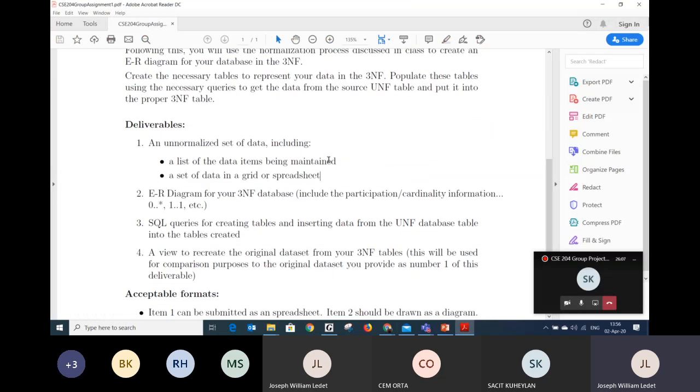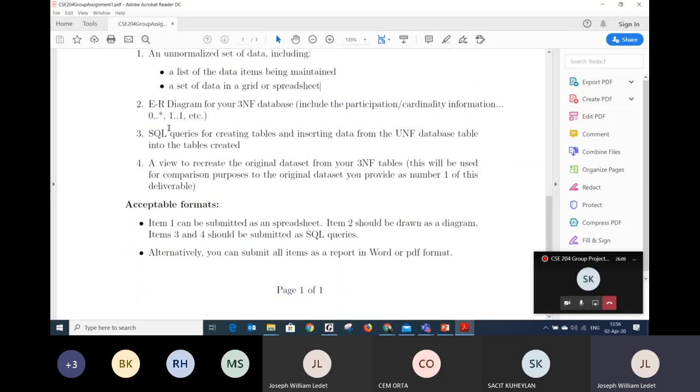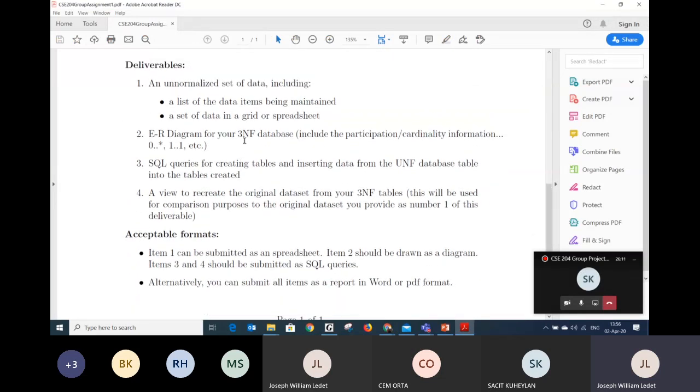Now, you're probably going to need to go through this process of normalization before you start drawing your diagram. Because if you draw your diagram starting with the unnormalized set, it will just be a single table with a whole lot of attributes.